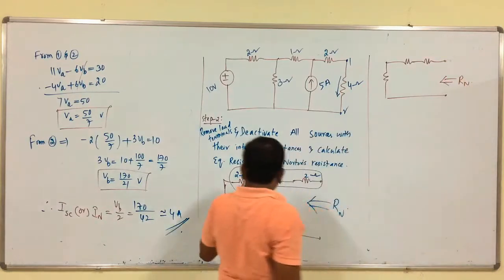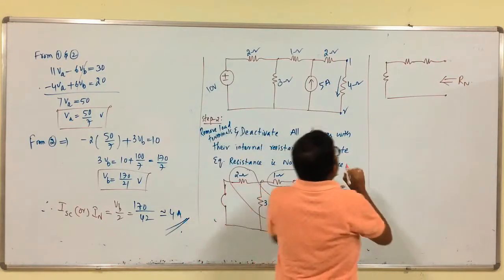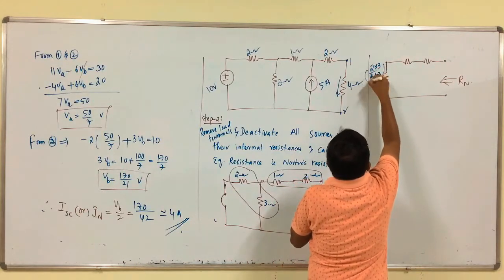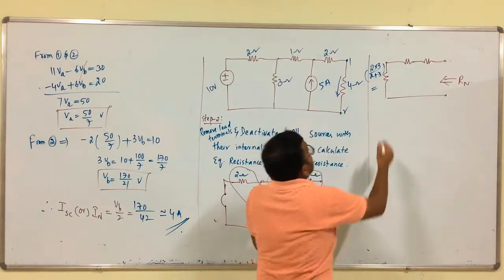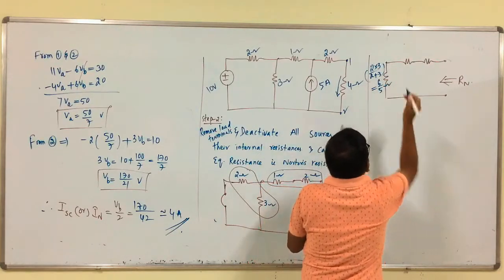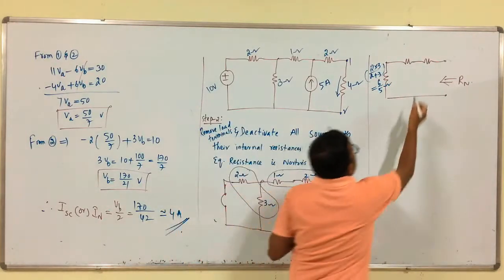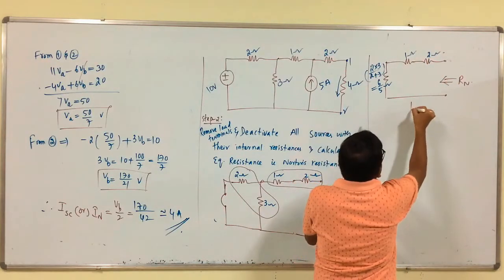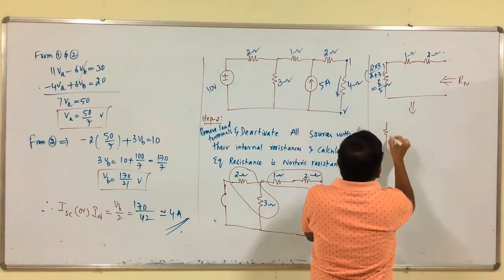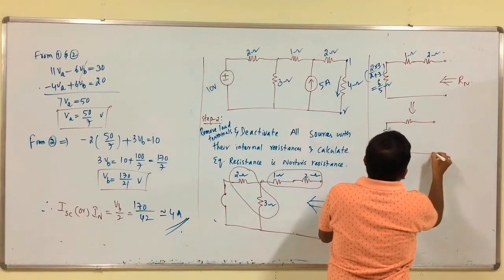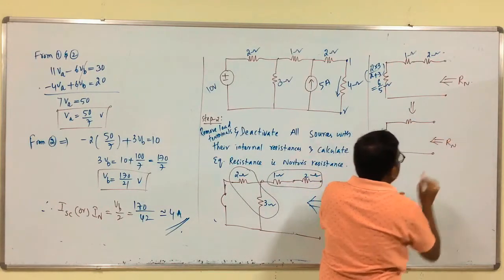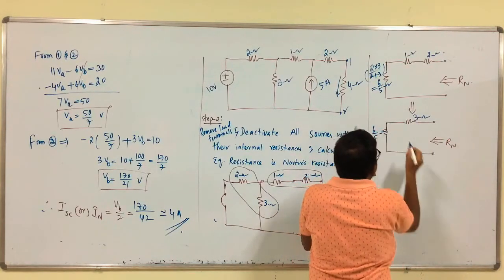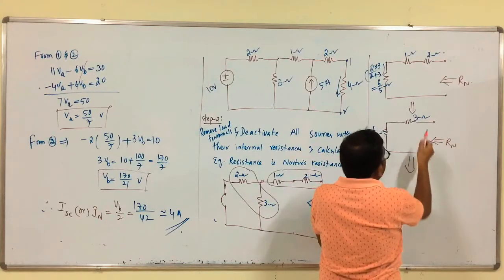Then the circuit becomes R n. This is 2 into 3 by 2 plus 3, which is equal to 6 by 5 ohms. This is 1 and this is 2. Now, it is R n, that is Norton's resistance. This is 3 ohms and this is 6 by 5 ohms. Finally, these two are connected in series.